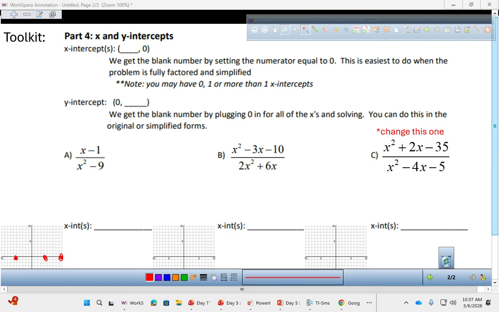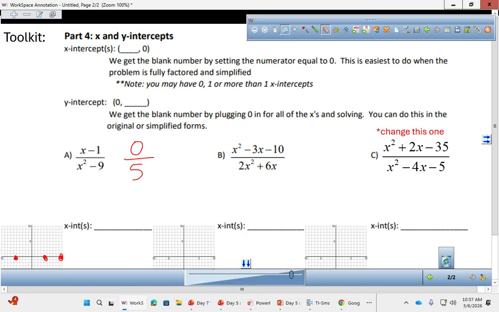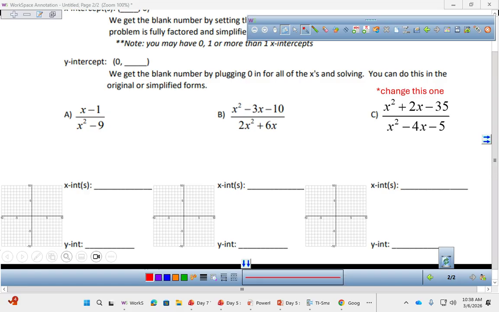But if I make the numerator equal to 0, like if I end up with something like 0/5, then the whole fraction becomes 0, right? So in order to make an equation zero out, you're setting the numerator equal to 0. A restriction makes the denominator an error. A numerator error makes the whole equation just become 0. So numerically, to find an x-intercept, you set the numerator equal to 0.